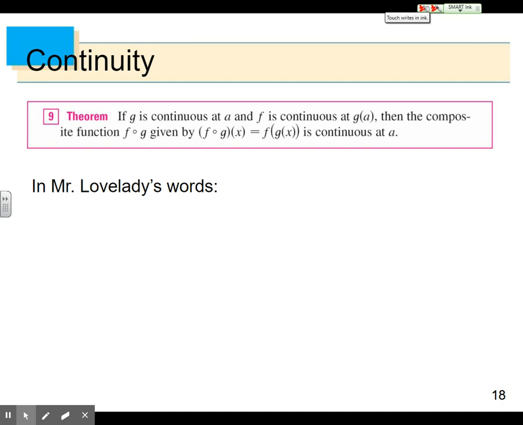If g is continuous at a and f is continuous at g of a, then the composite function f of g is continuous at a. They use continuous a lot. Let me rewrite this in my words.